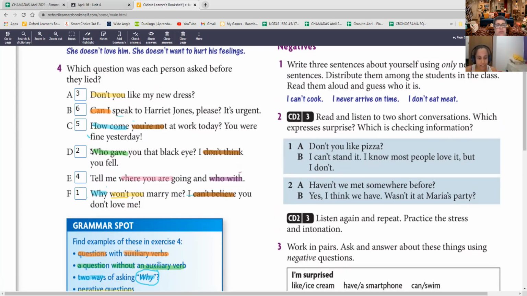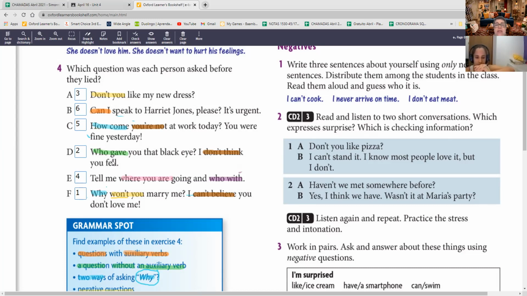Okay, so if you replace the question pronoun here with the name of a person, the sentence is okay. So if you say, for example, Robert gave you that black eye, changing the sentence, instead of being a question, you can imagine it's a statement, right? Just an affirmative statement, and then you put the name of a person here. So Robert gave you that black eye.